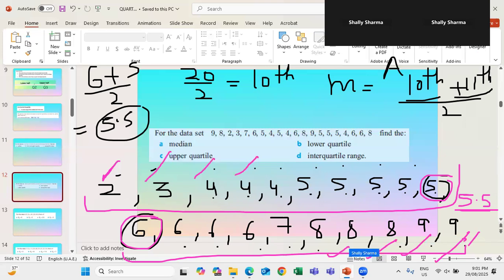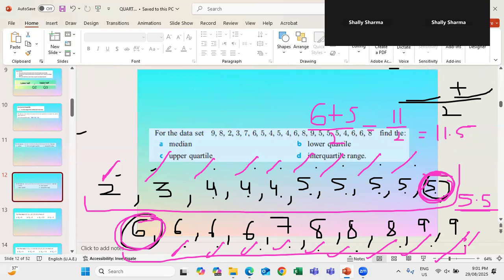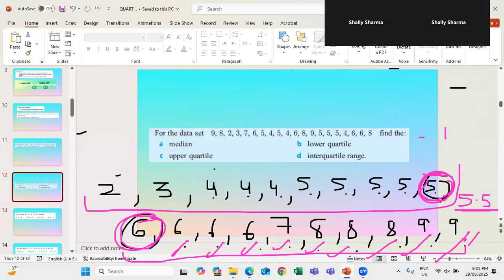Now you got one term 5 from here and 6 from here. Do not cancel the last two terms. If there are only two terms left at the end, do not cancel them; just add them up and divide by 2. Find their average. 11 by 2, that is 5.5. So you can apply any method to find this. So for now we got the median value as 5.5.